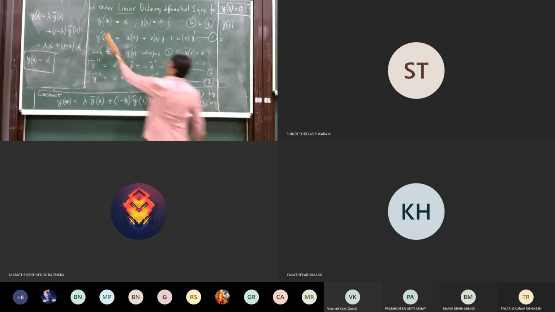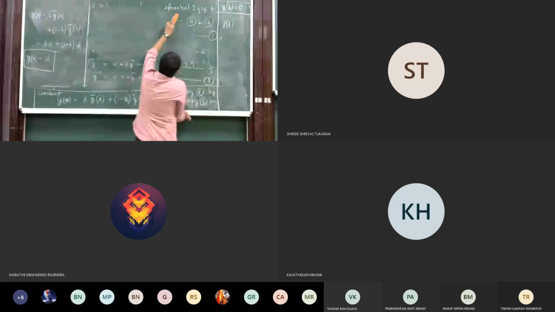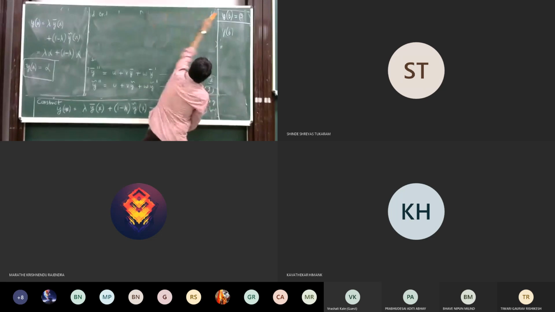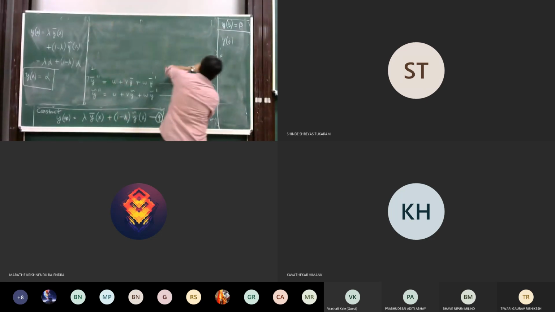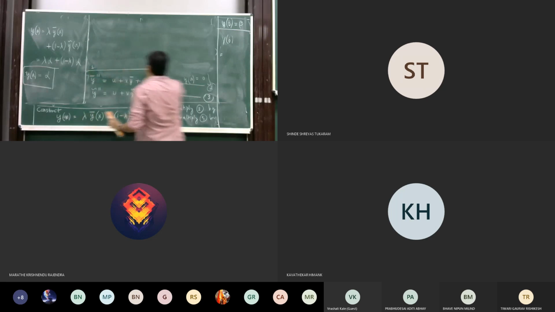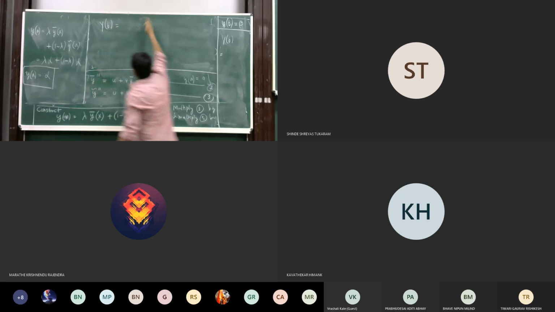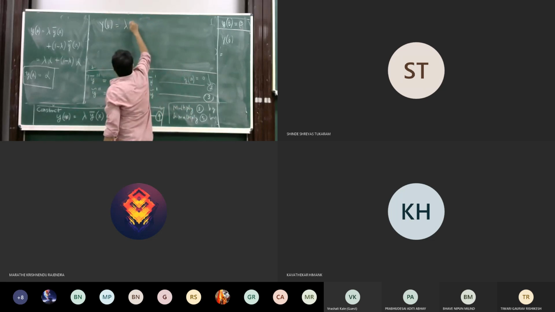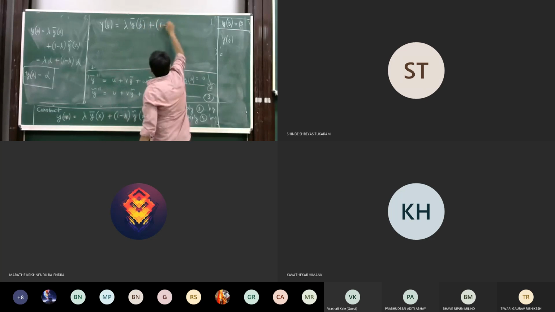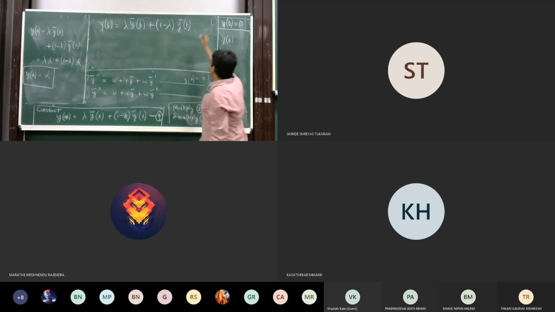So y evaluated at b is basically lambda y bar at b plus 1 minus lambda y tilde evaluated at x equal to b. And I'm demanding that this has to be equal to beta. Fine.